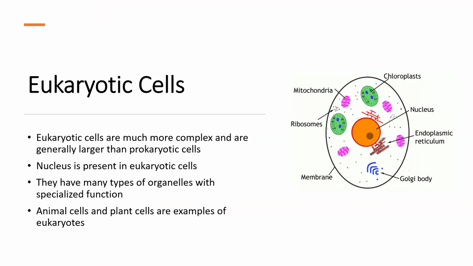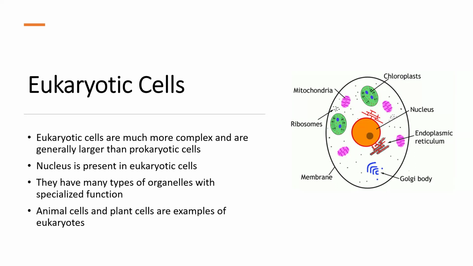If we take cells and separate them into two categories, the categories are prokaryotic cells and eukaryotic cells. Let me just put it on the board here. So eukaryotes, or you can say eukaryotic cells, they mean the same thing.